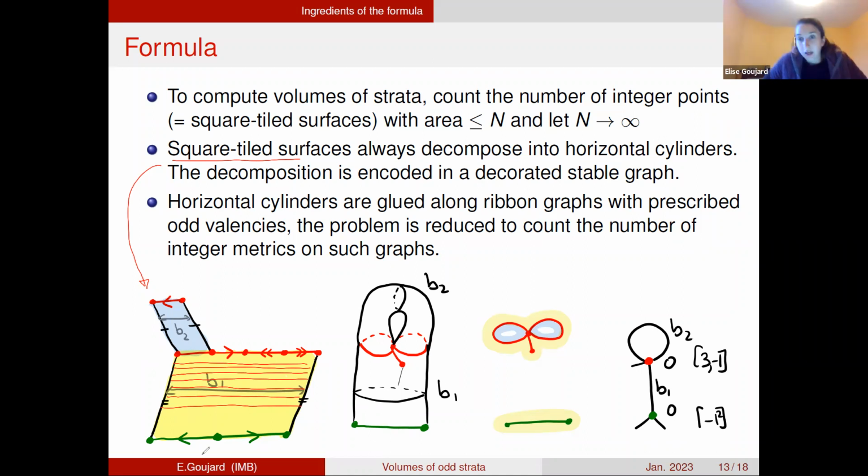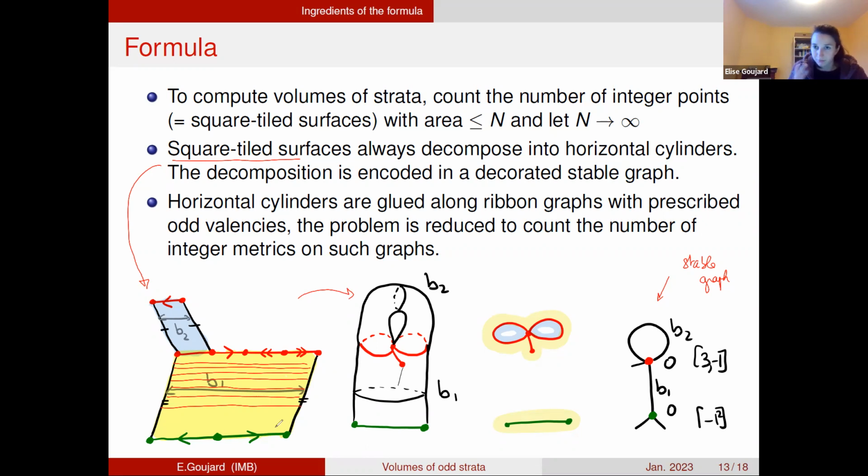I want to encode this decomposition into cylinders in some graph. So this is the final stable graph that I want to encode. There are several ways to define this stable graph. First of all, this is maybe the picture for this surface. I just glue everything and I get this topological picture.